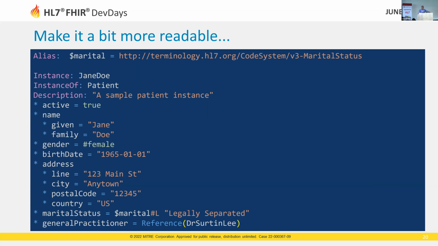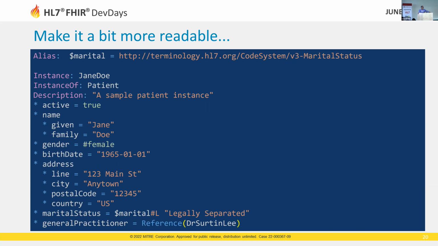So you can see that given is part of name and family is part of name. The other thing we've done here is we've dropped the indices, the 0. And Sushi is smart enough to know that if you don't specify that, you must mean the first element. So it knows it's a multiple element thing, but it's going to infer that you mean the first element, the 0th index. You'll also see the indentation under address. It makes it much more readable.